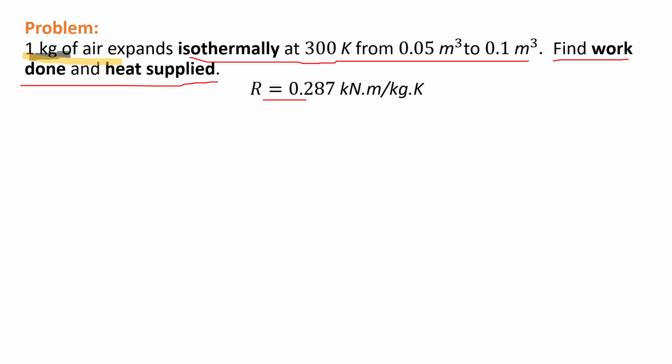R value is 0.287 kilojoule per kilogram Kelvin. So here mass is given, initial temperature is given, initial and final volumes are available. It is clearly mentioned the process is an isothermal process. We have to find out W and we have to find out Q.